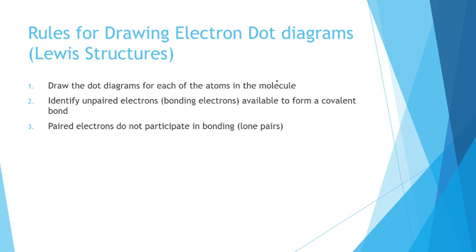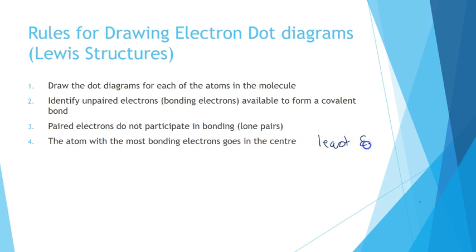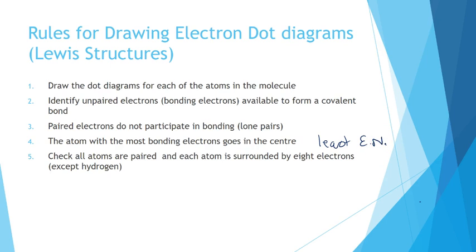Our paired electrons don't participate in the bonding, and then the atom with the most bonding electrons goes in the center. Usually this will be your least electronegative. Your least electronegative element will go in the center, and then check that they're all paired up and each one is surrounded by 8 electrons, or 2 for hydrogen. And we will learn also that there's a couple of other exceptions, but we'll get to those shortly.